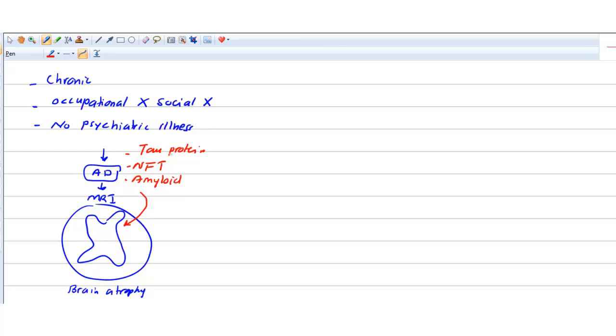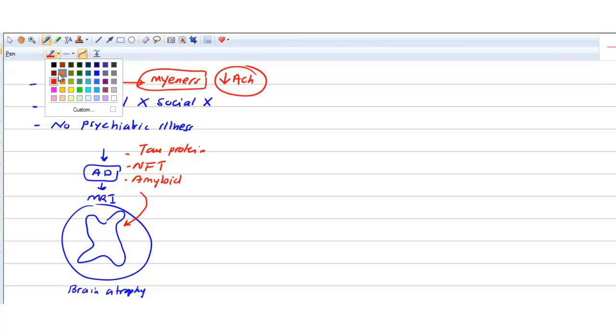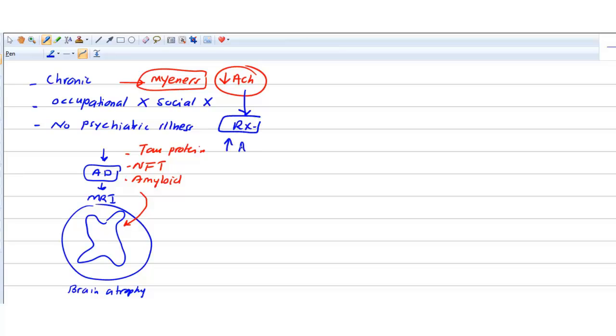Now that's it to start with, but maybe treatment options. What is the problem with Alzheimer's? One of the problems is that there is a nucleus, the nucleus basalis of Meynert, which has decreased acetylcholine. This is the pathology. So how would you treat those patients? Just give them high acetylcholine, so the treatment is to increase acetylcholine.